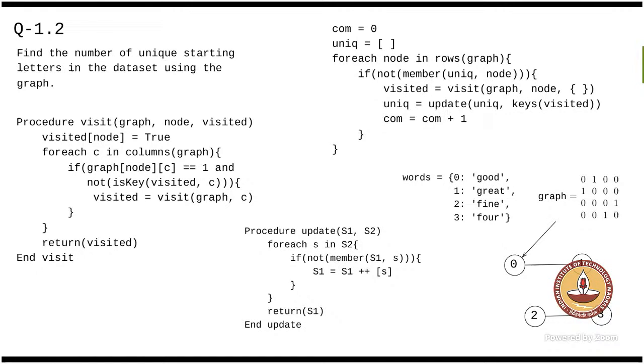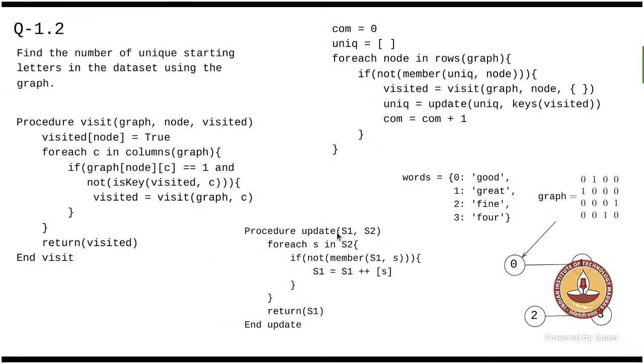Those elements which are not in S1 but are in S2, it will add those to S1. Yes, sir. That's good. It's actually a set. I'm trying to make it a set here. That's a very good observation.